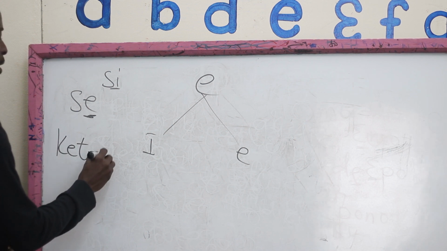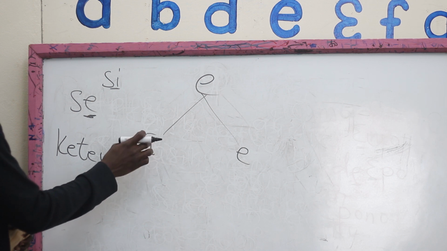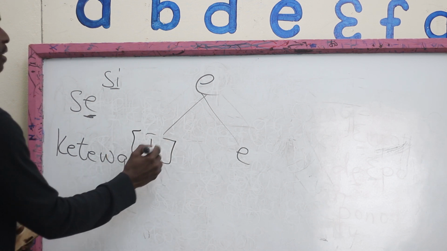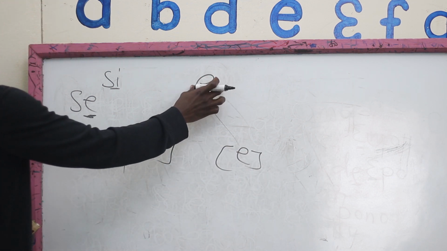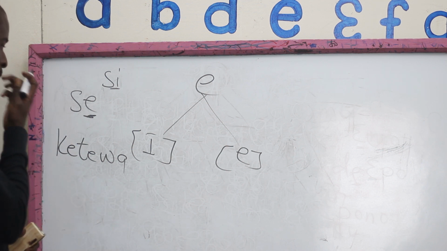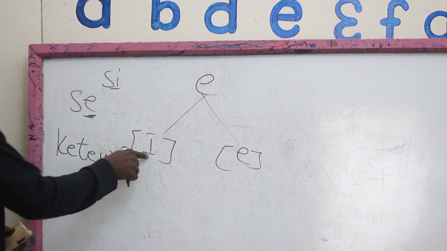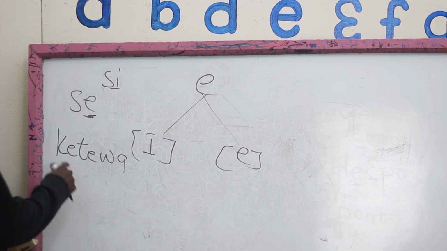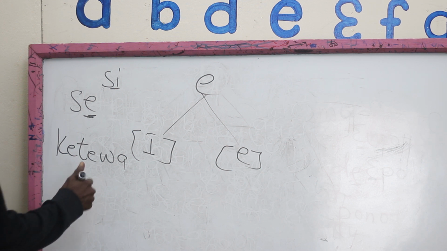Ketewa. This is how we pronounce it, the phonetic writing. But this is how we actually write it in the orthography. So even though this is produced as a, it is written as this. Ketewa, small.